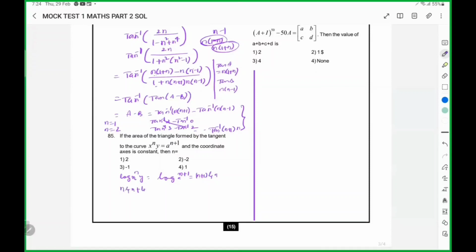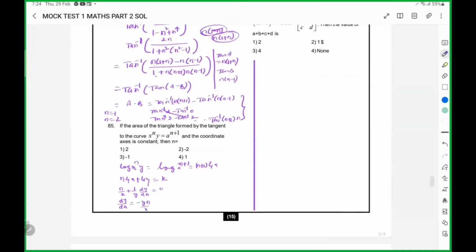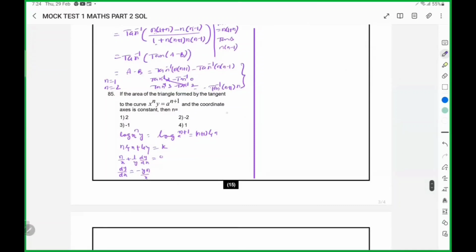Differentiating: n by x plus 1 by y dy by dx. So dy by dx is that. So here, this is the curve. A triangle is formed, and at any point you draw a tangent. What is this area? It is constant.